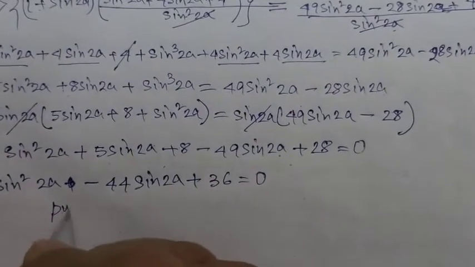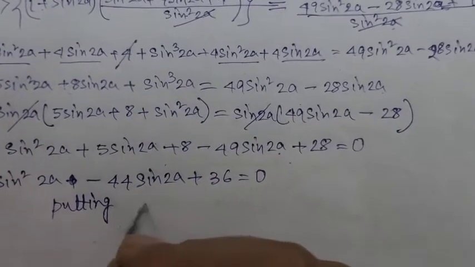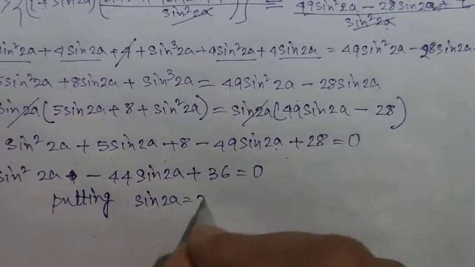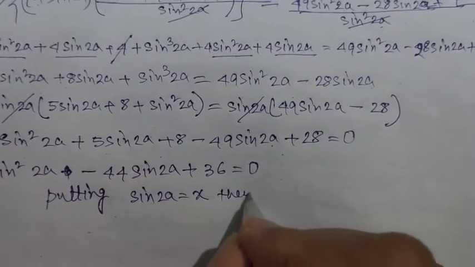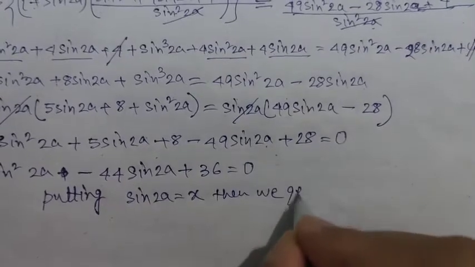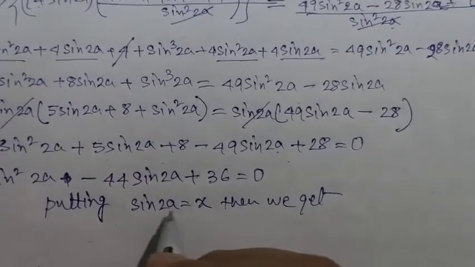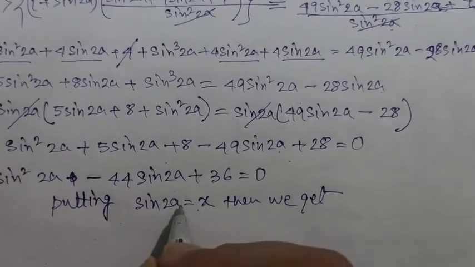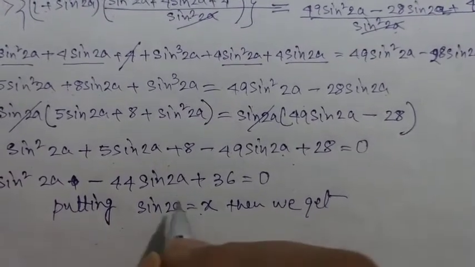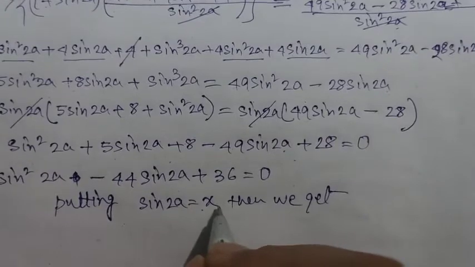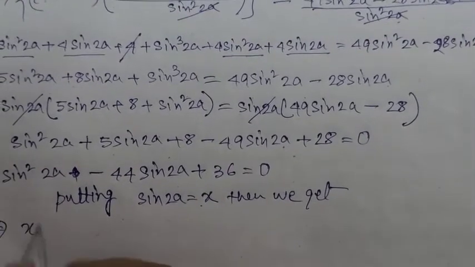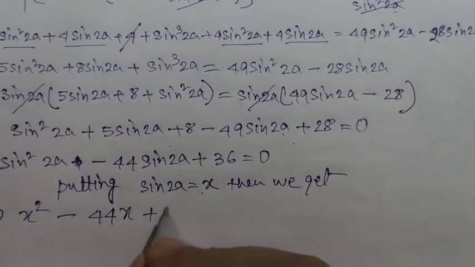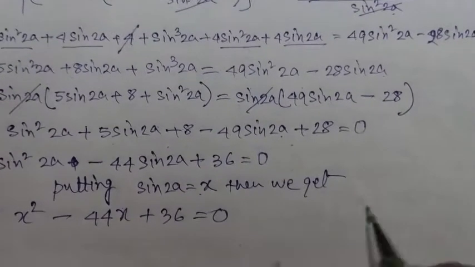Now putting sin 2A equal to x, substituting the values of sin 2A by x, then we will get x square minus 44x plus 36 equal to 0.